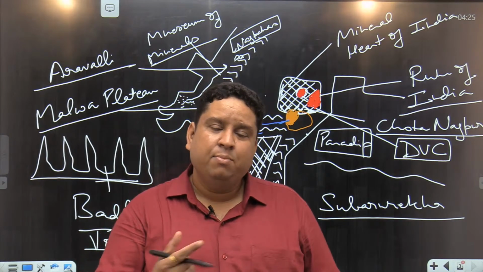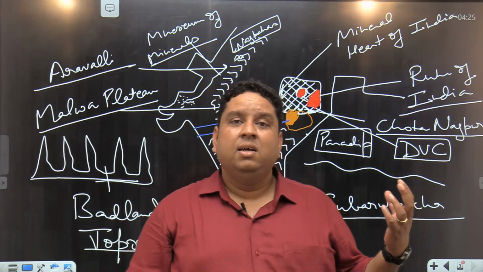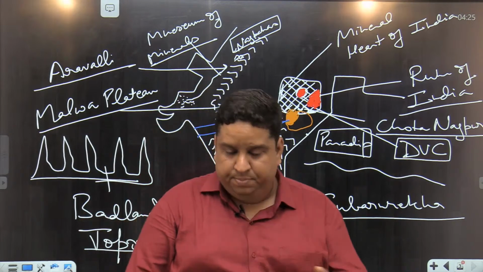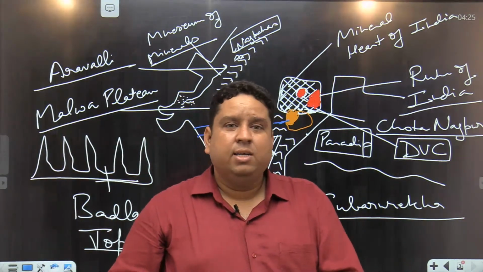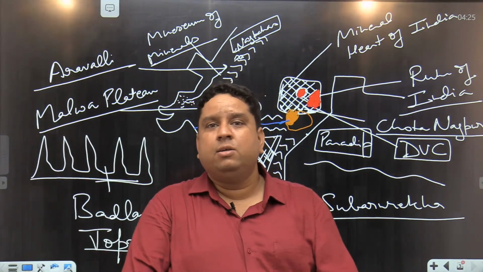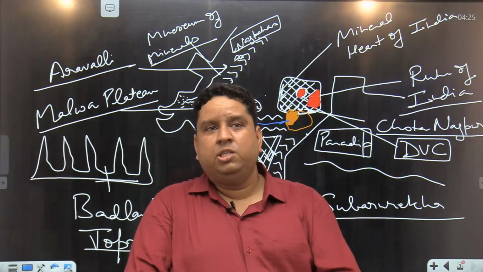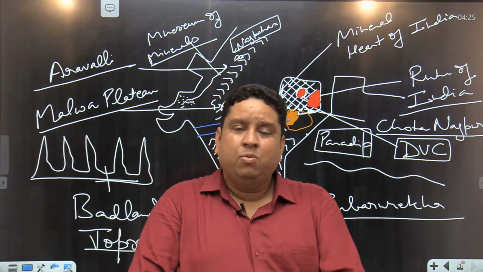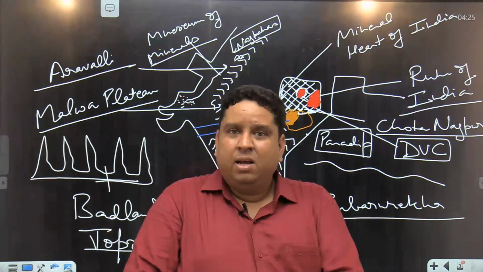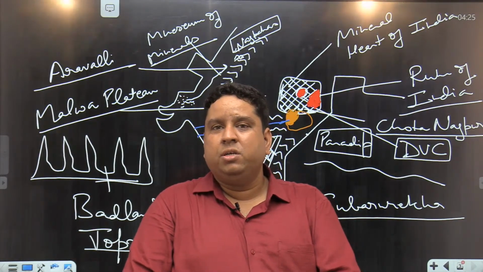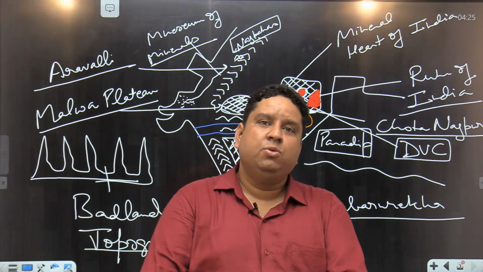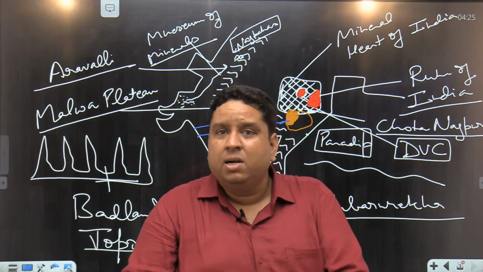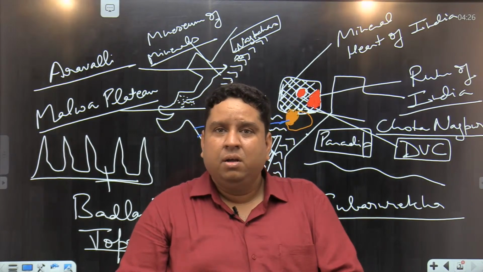Another important thing is that this region has also faced the threat of encroachment, destruction, and environmental degradation. For their protection, the government formed a committee known as the Madhav Gadgil Committee in 2011.